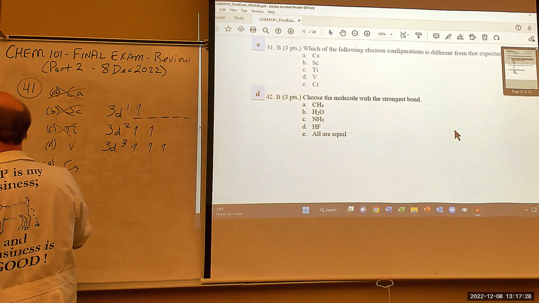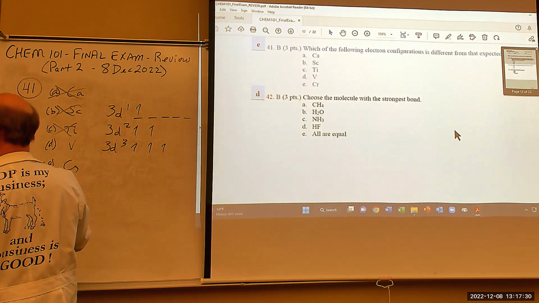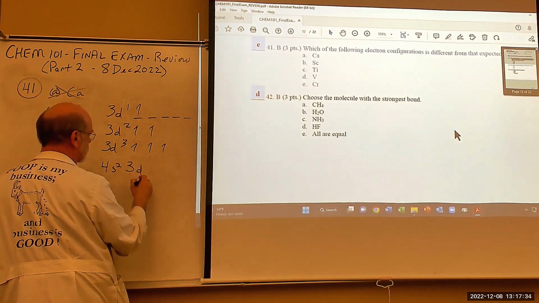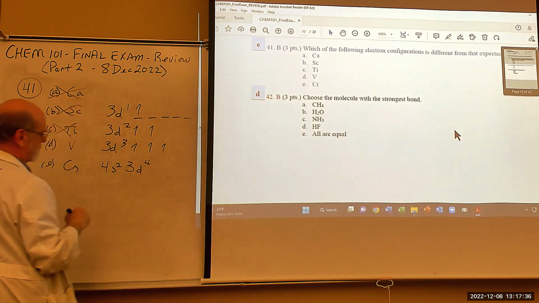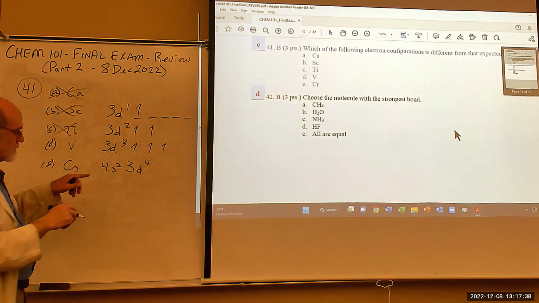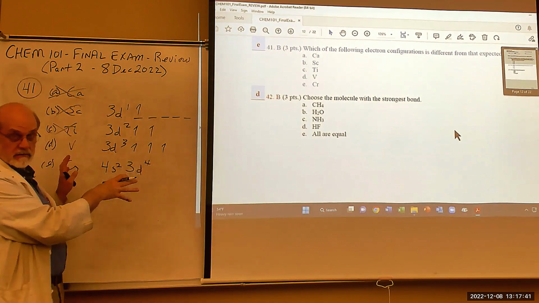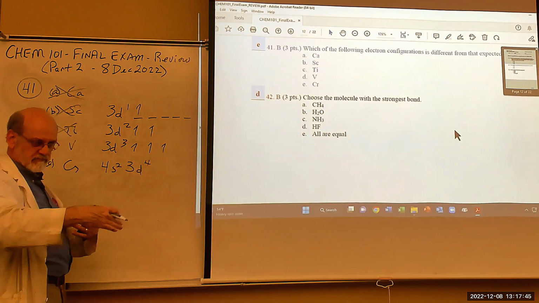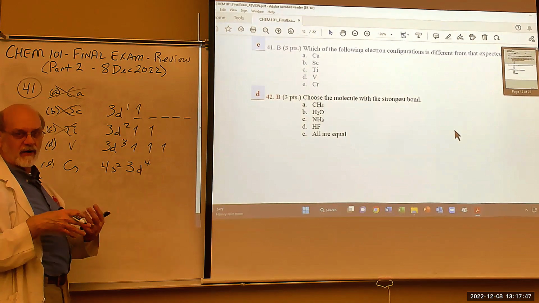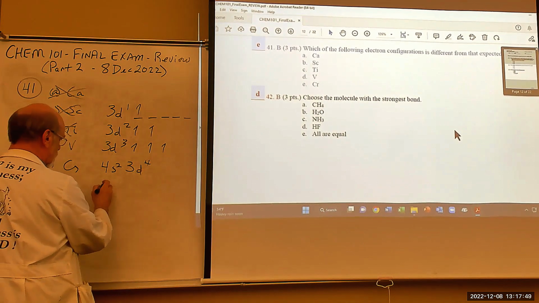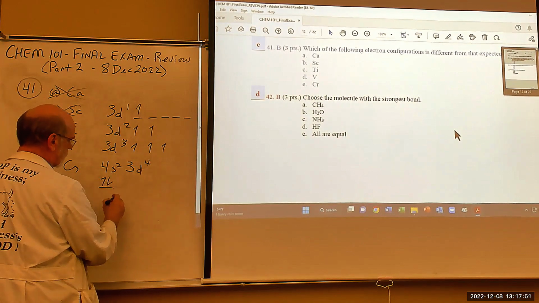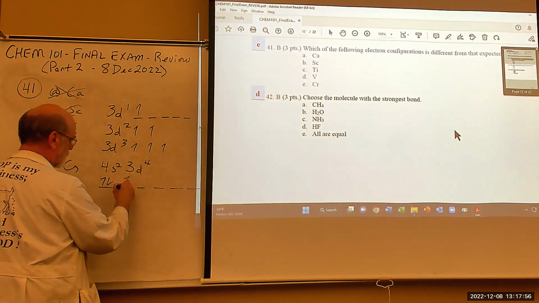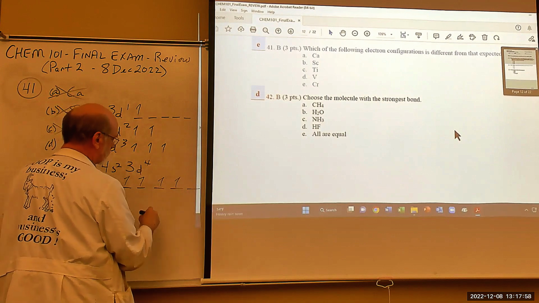Chromium has a 4s2 and a 3d4. Okay, here's what happens. That's what we would expect. We would predict that from what we know about the standard aufbau order. But here we have 2 electrons there, and we have 5 sub-orbitals, like that, like that.